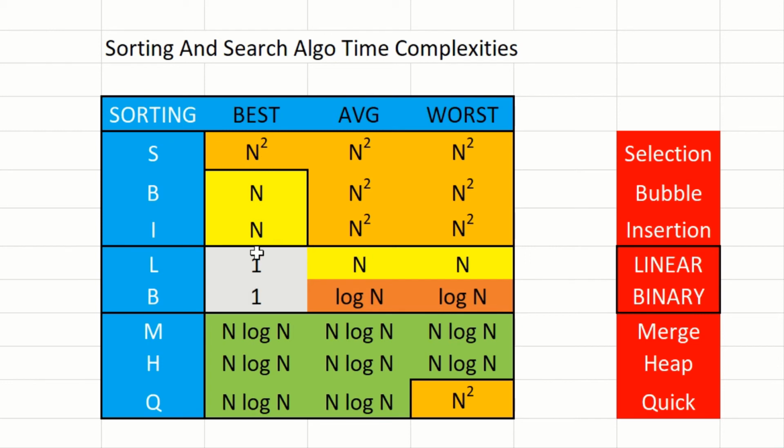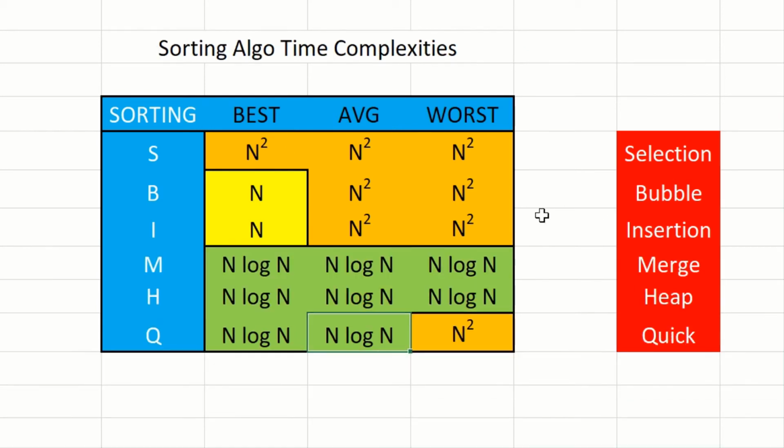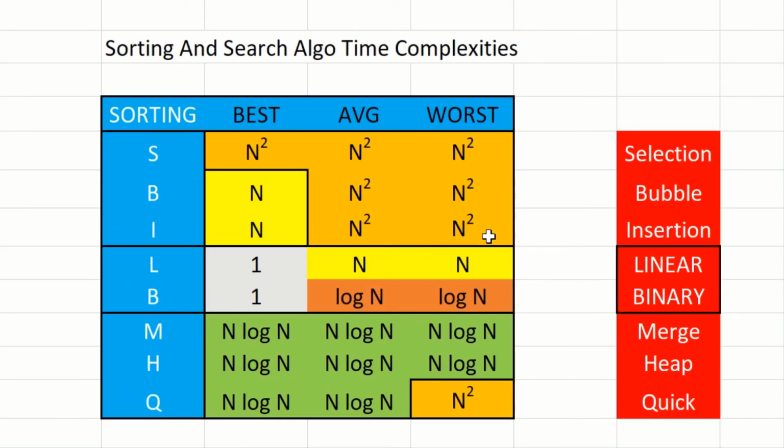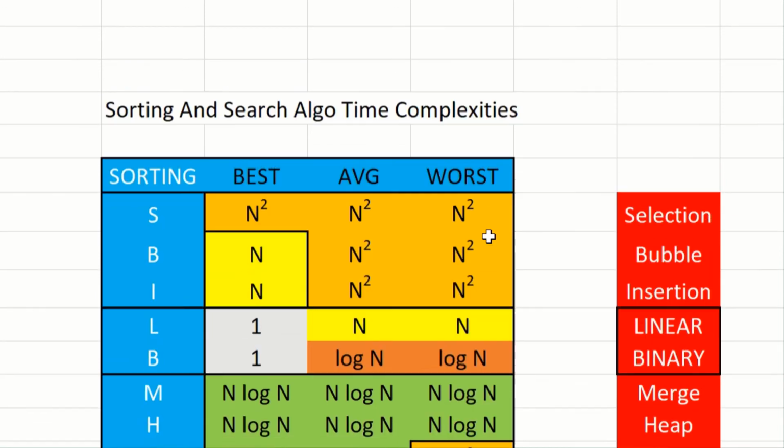If you don't remember this, try to place an answer: if you have an option like n square, put n square there. You can download these images. I will place these images in the description with a link. You can click on the link and download these images.